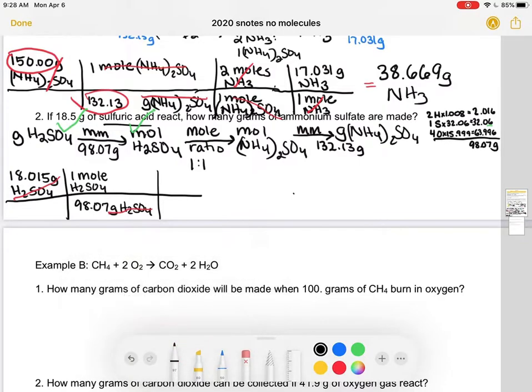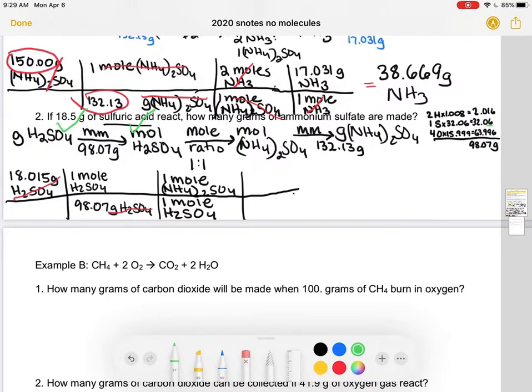Now we're going to use our mole ratio of sulfuric acid to ammonium sulfate to switch over from one to the other. So it's a 1-to-1 ratio. So moles of sulfuric acid needs to go on the bottom to go away. 1 mole of H2SO4 gives us 1 mole of (NH4)2SO4.